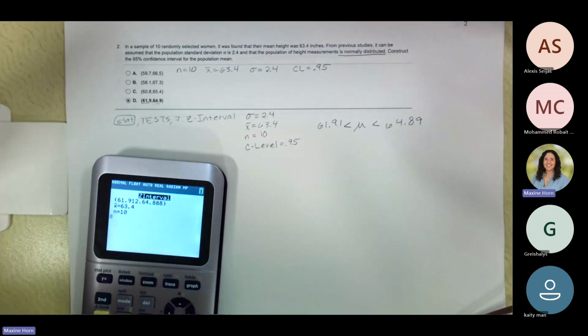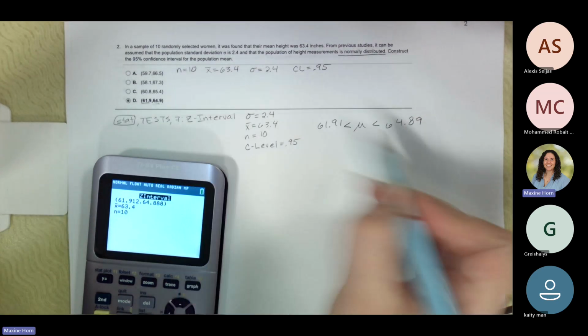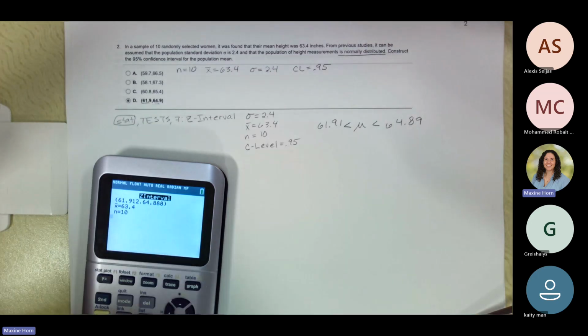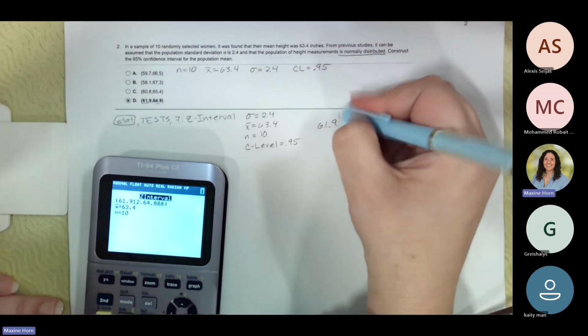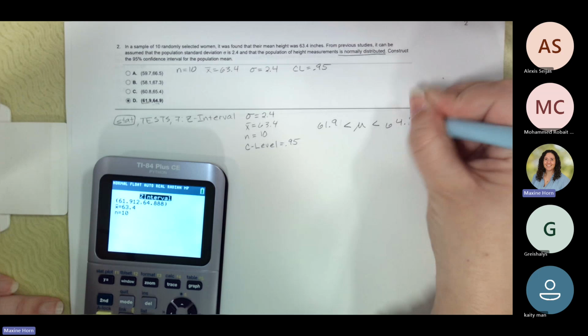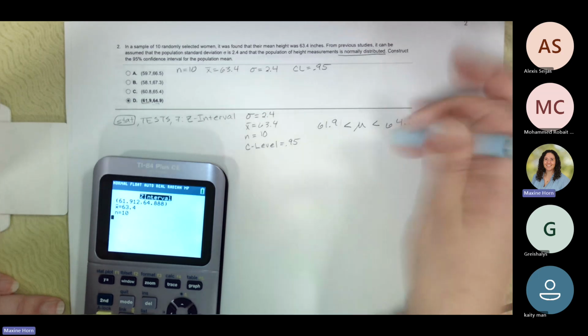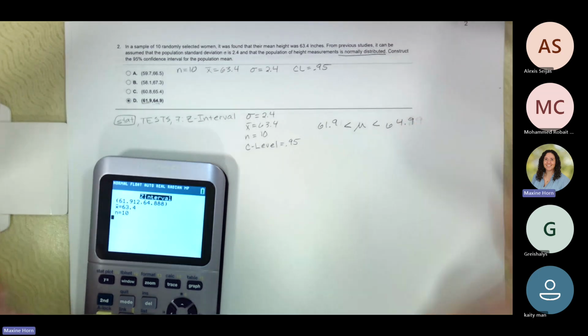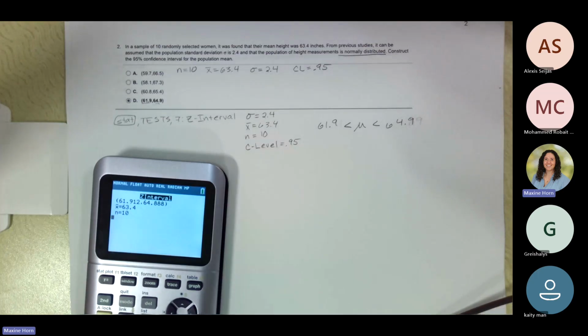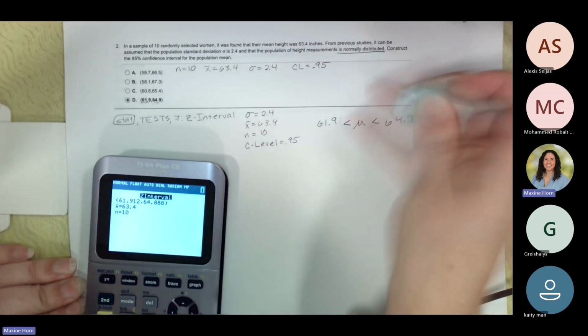Oh, I'm sorry, it only went to 1 decimal, not 2. So let me erase that, and then this would round up to 0.9. That's a terrible eraser. Let me get my other eraser. I usually have my eraser out and ready. Sorry. Okay, well, hopefully you can see that well enough.